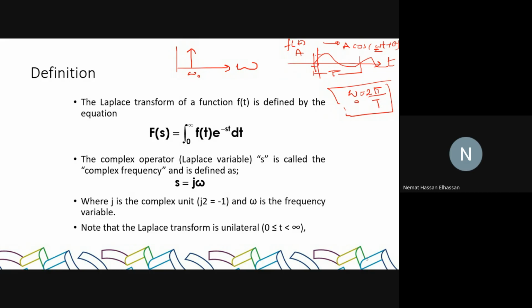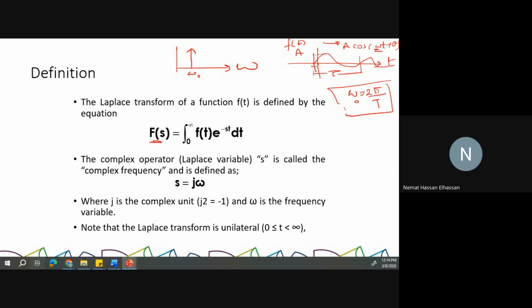A cosine omega t plus phi is time domain, f of t, right? If I want to express it in frequency domain, or in what we will call today the Laplace domain, Laplace is the name of the scientist who came up with this approach, we can call it f of s. So any signal can exist in time domain and in frequency domain. It's just the way you look at it. You look at it here with the perspective of time. The other way you look at it with the perspective of frequency.